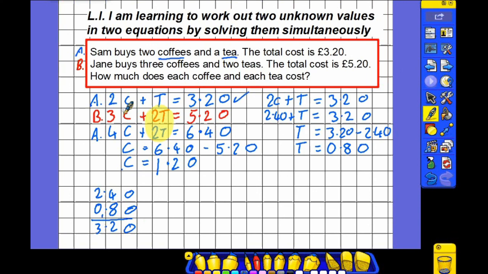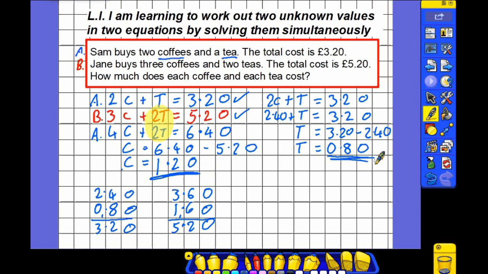So 3 coffees, that's going to be £3.60, plus 2 teas, that's going to be £1.60. Is that going to equal £5.20? Checking our maths. Well, yes, it does. So in both cases, we know that the coffee equals £1.20 and the tea equals 80 pence.